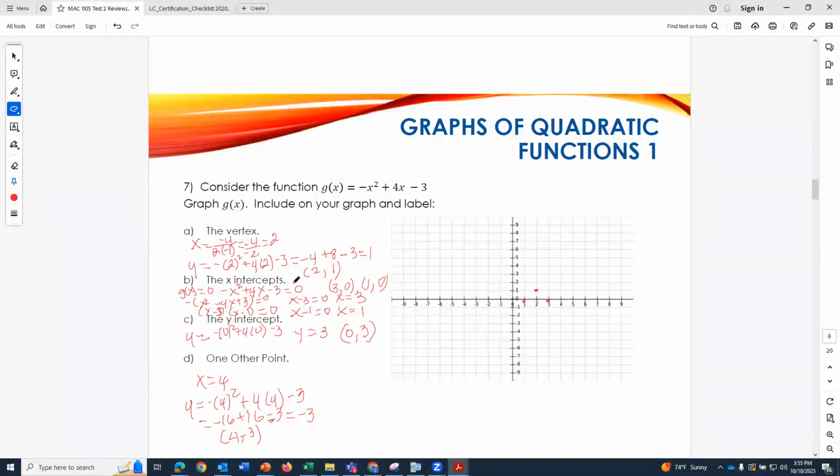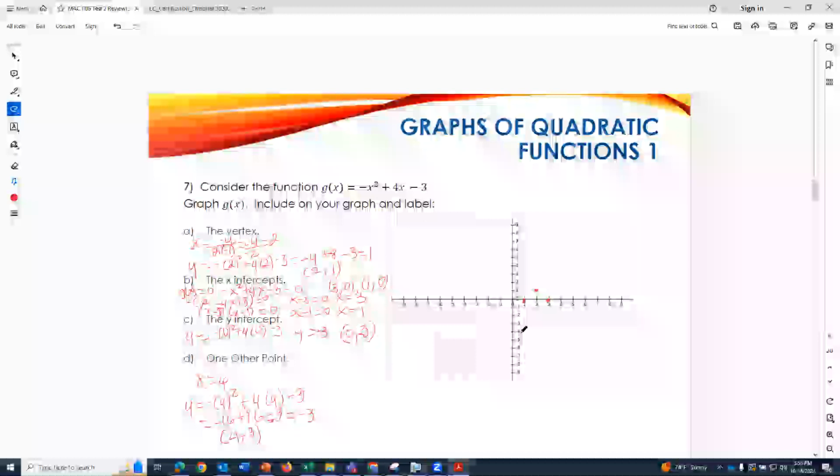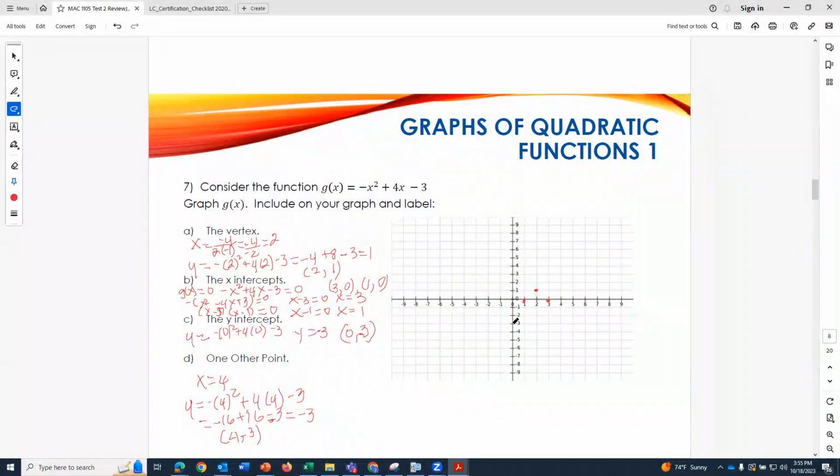The y-intercept is 0, negative 3. Sorry, it's negative 3 here. I just chopped the negative sign. 0, negative 3. Okay. And when x equals 4, y is also negative 3. That was a good point.